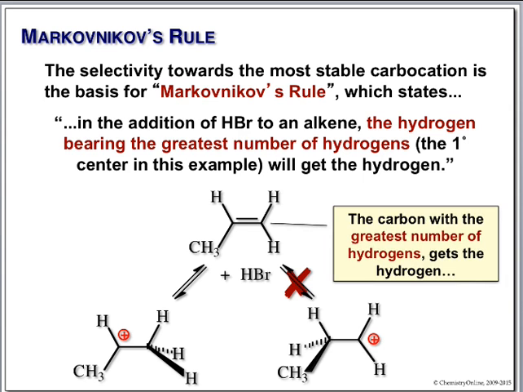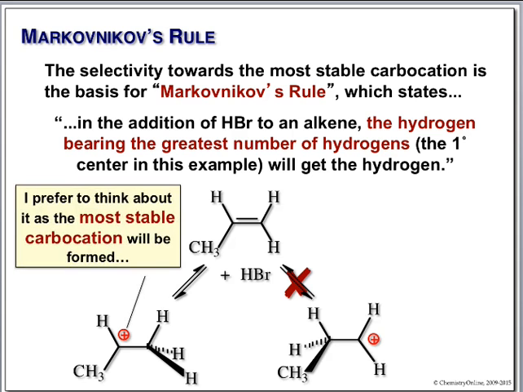By his rule, this has two hydrogens. It will get the hydrogen. By my rule, this is the most stable carbocation, and that's what you want to shoot for.